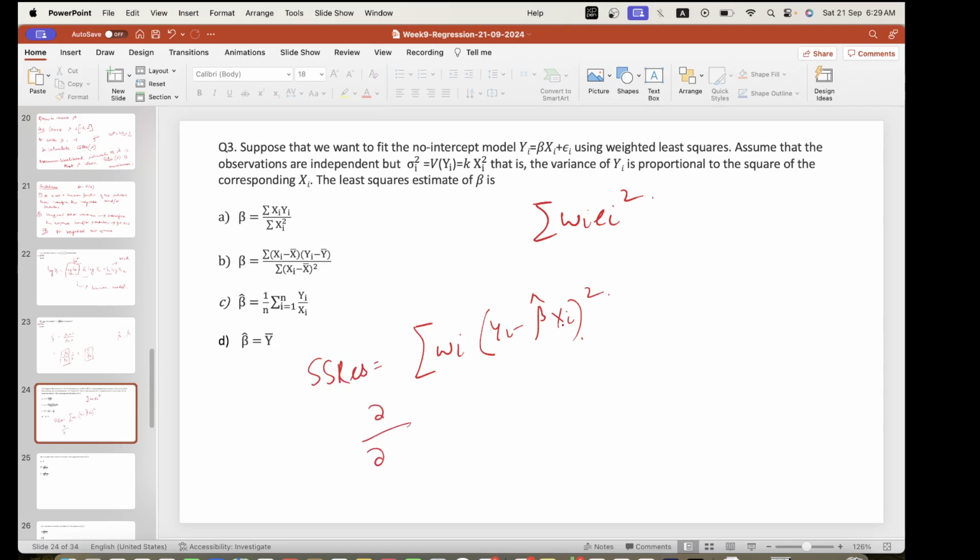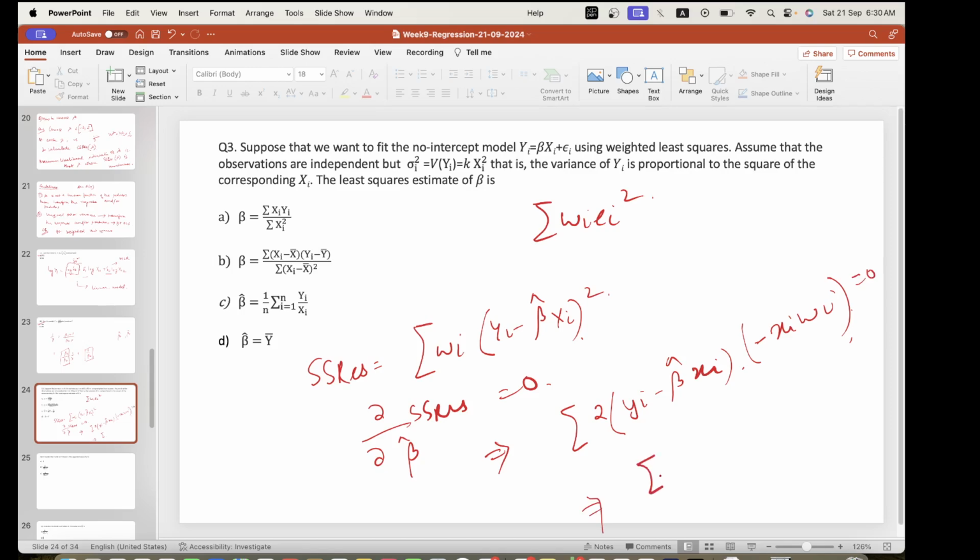Now differentiating with respect to beta hat, and equating it to 0 leads to summation 2 (y_i minus beta hat x_i) into minus x_i w_i equal to 0.